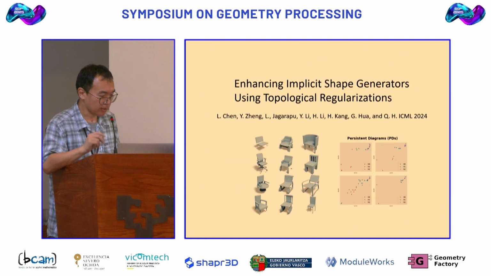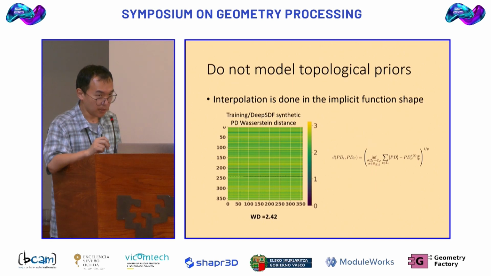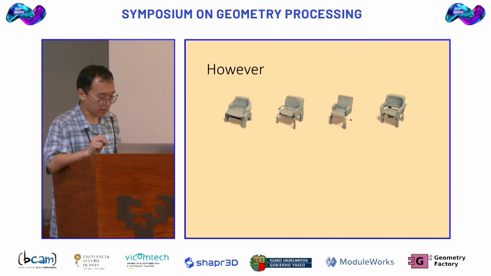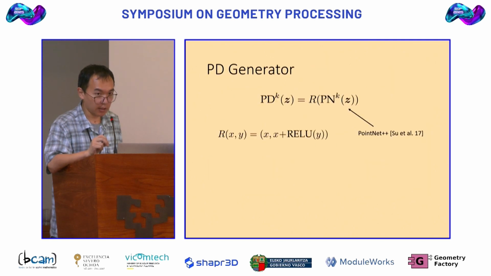Okay, so this is another paper. If you want to apply this to a generative model, what we do here is to learn a point cloud generative model to generate Poisson diagrams of the training shapes, right?